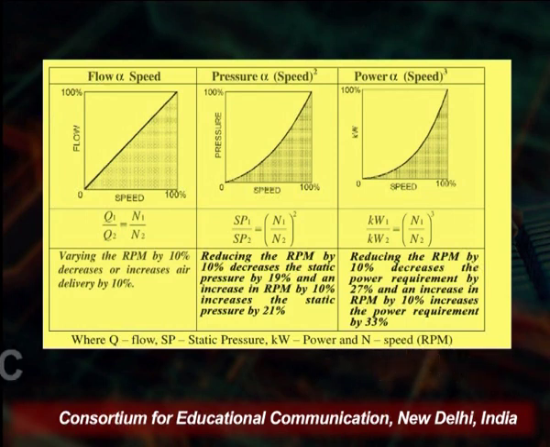So, flow is directly proportional to speed, pressure is directly proportional to speed squared, and power is directly proportional to speed cubed. These are the points to keep in mind in the construction of fans.